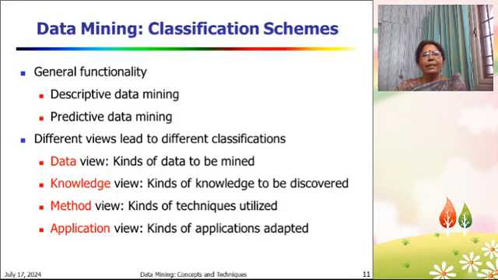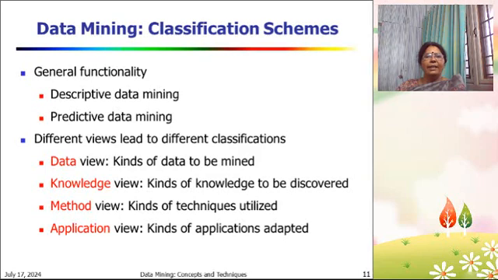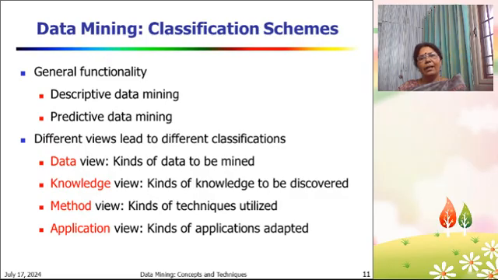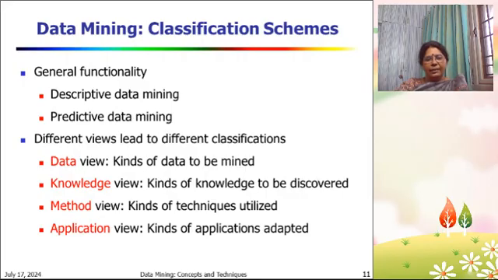So data mining can be used for descriptive tasks as well as predictive tasks. Different views lead to different classifications depending upon the kinds of data to be mined, the kinds of knowledge to be discovered, the types of techniques utilized, and the kinds of applications adopted. Based on that, the data mining application varies.